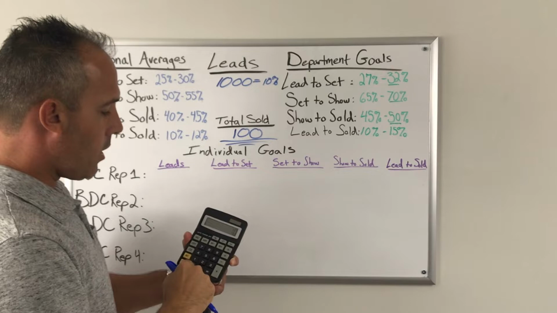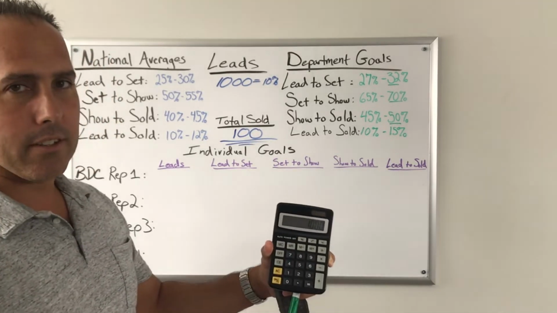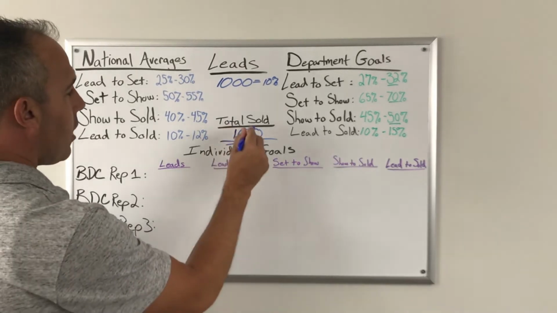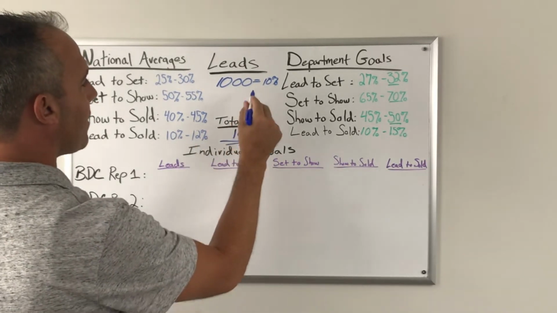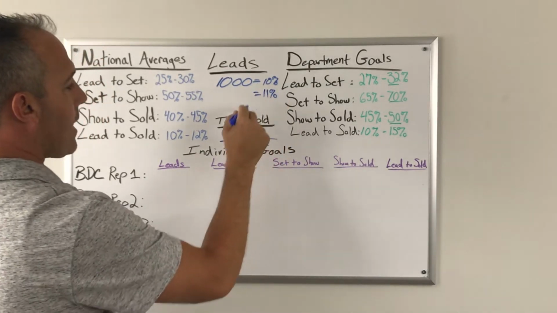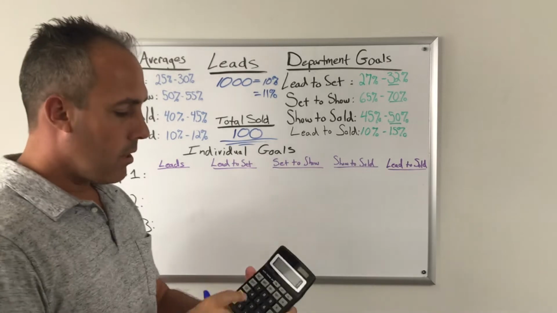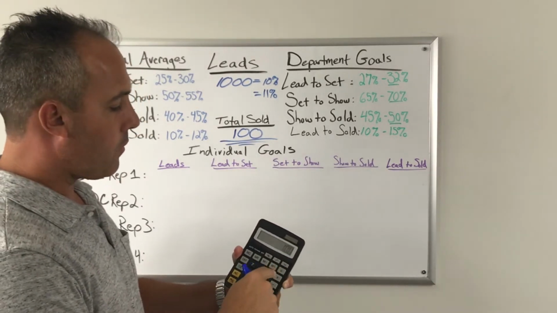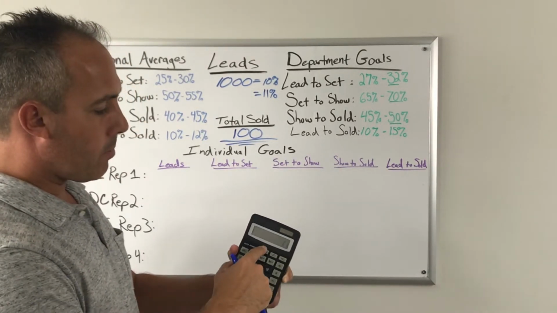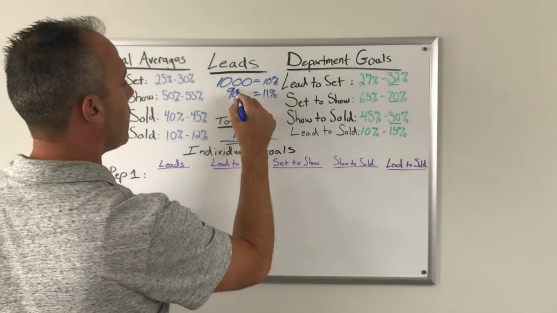Again, 100 divided by the percentage, and that's what you get your number at. Let's just say you're selling 11% of your leads, and that's going to equal 100. So what is that in total leads? You take 100, divide that by 11%, and that gives you 909 total leads.